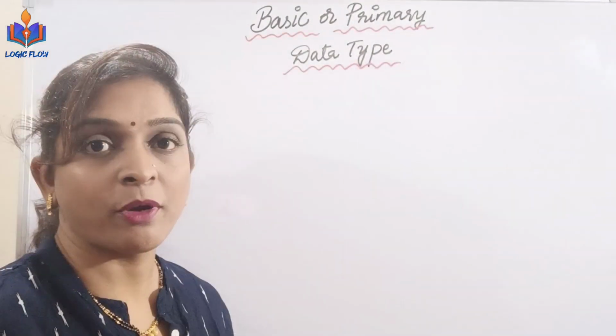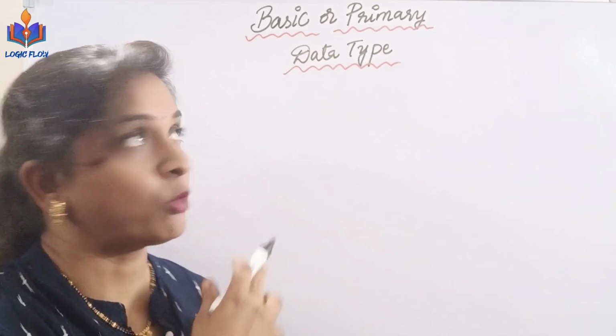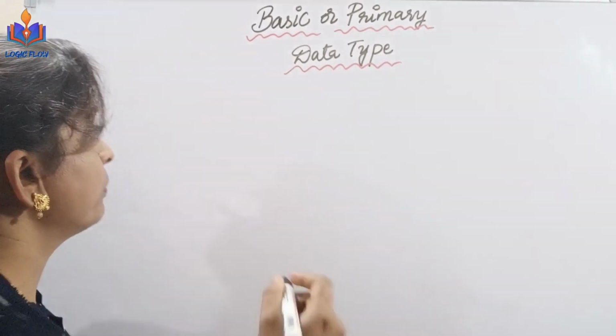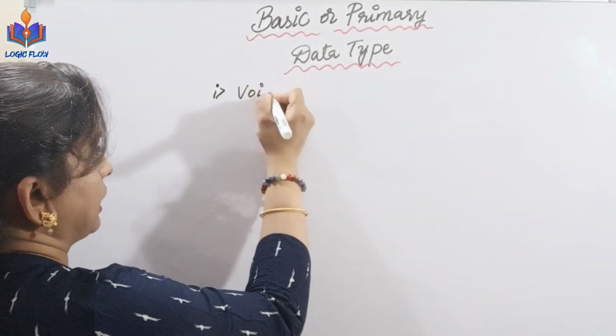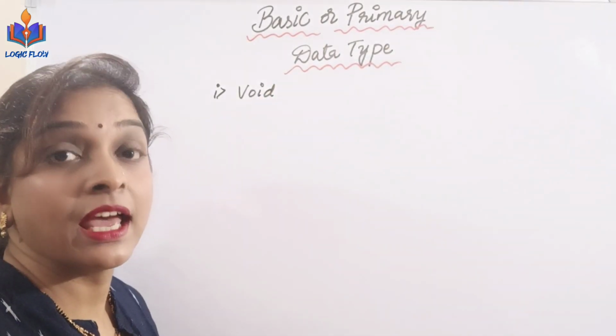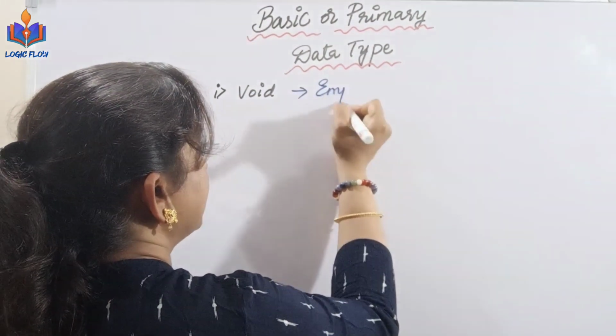So let us talk about the first data type, which is the basic data type, or what we call primary data type or fundamental data type. The first one is the void data type. This void indicates that it is an empty data type.